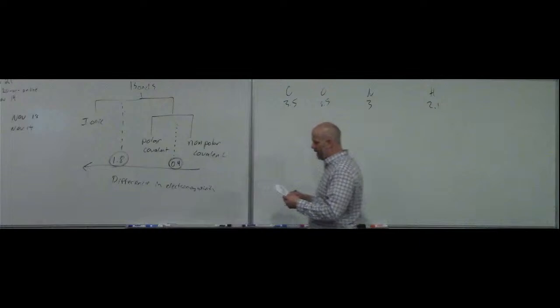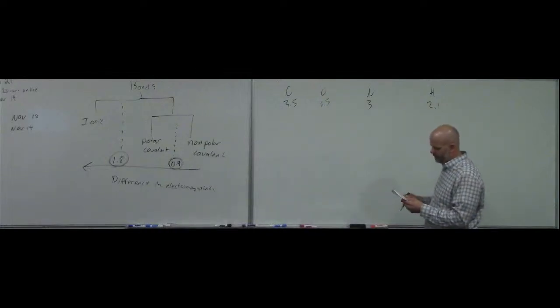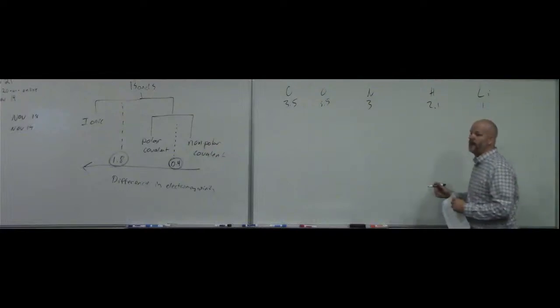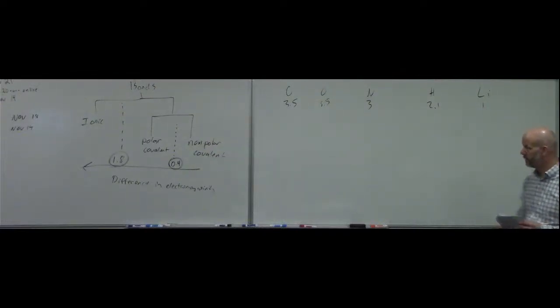If I bond oxygen with lithium, which is 1, what's the difference? 2.5. What kind of bond is it going to make? Ionic. Does that principle make sense? Okay, good. I don't know why they don't teach it like that in the book, but they don't.